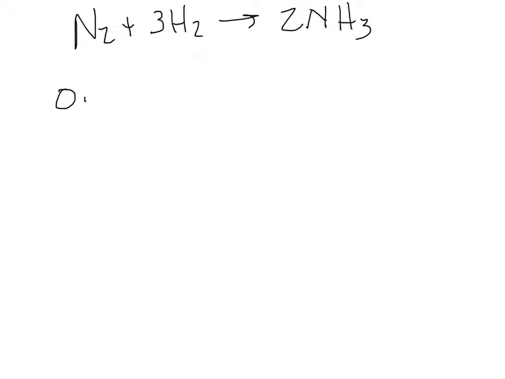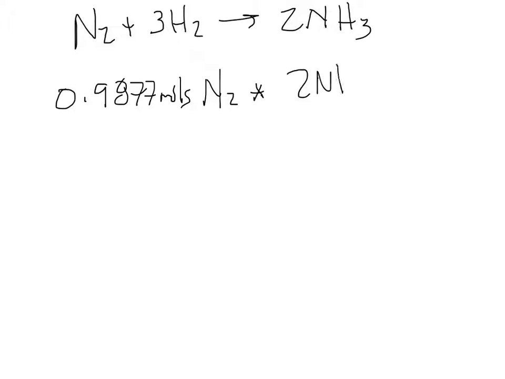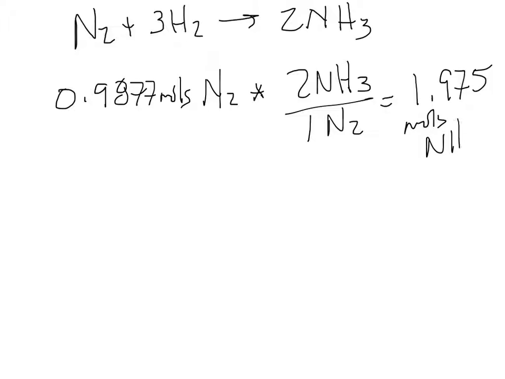So I got 0.9877 moles of my nitrogen gas, and if I multiply that by my balanced chemical equation's mole ratio here, I will see that I should end up with 1.97, we'll round that to 5 moles of my ammonia.